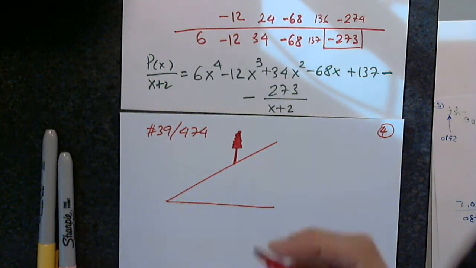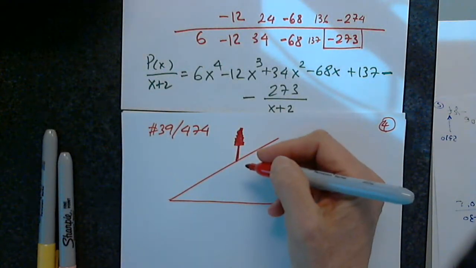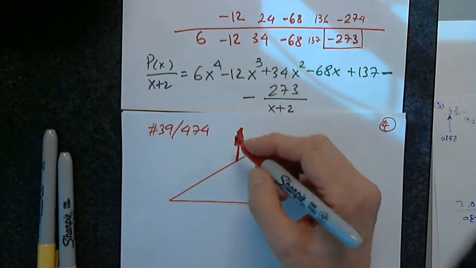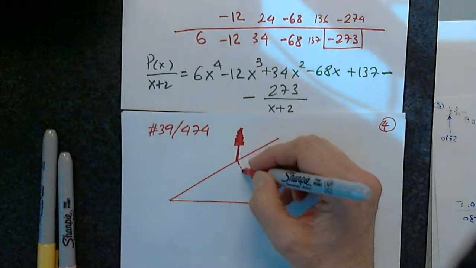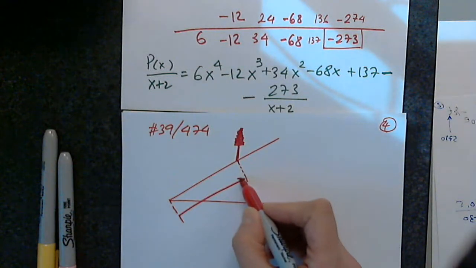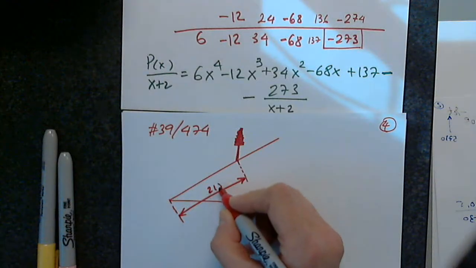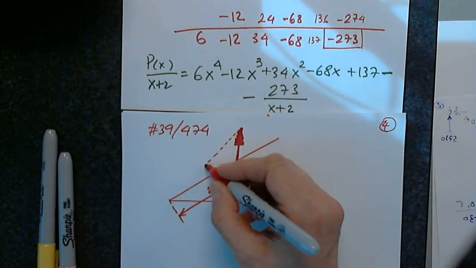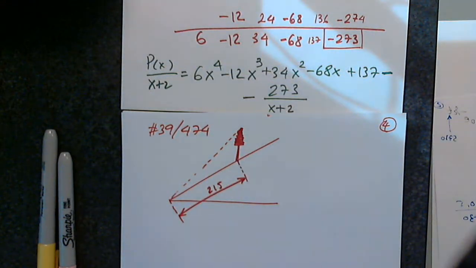So from here, (215). So the sun is somewhere here, and this is the shadow on the ground, of course.